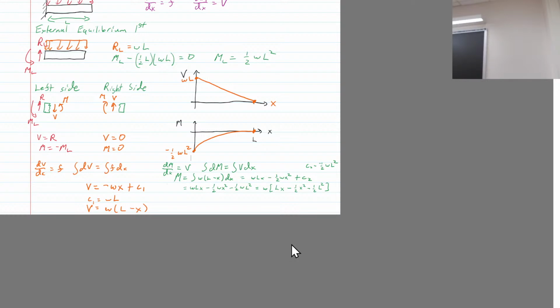Then Z. Here we do have a moment, and is it going to be causing it to be in tension or compression? That's a tensile stress. PZ times A is the moment.